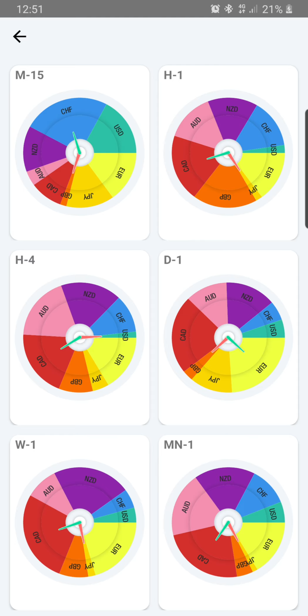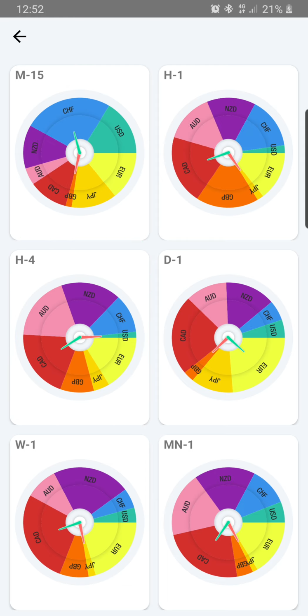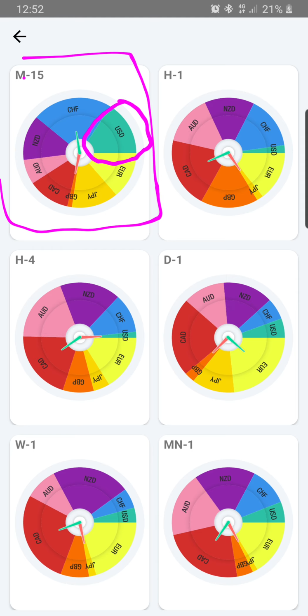You can see over here too on the 4 hours that the red hand is pointing towards USD. It means on the 4 hour time frame, USD is weak. On the higher time frame, USD is weak, but on the lower time frame over here, USD is not that weak, because you can see that the area it covers on the chart is large.